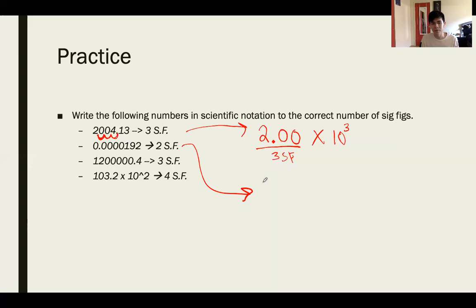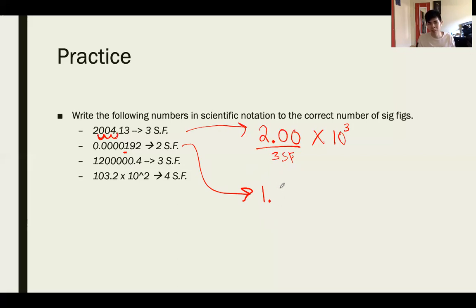Here we have a very small number that we have to convert into scientific notation and to the correct number of sig figs. So we're going to do the same thing we did before. We take the first number, which is 1 right here, and we're going to put it in the ones place and then a decimal right after.